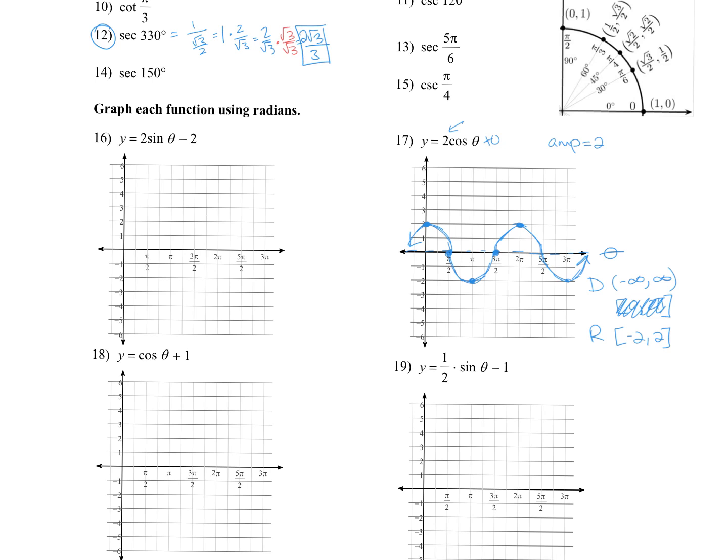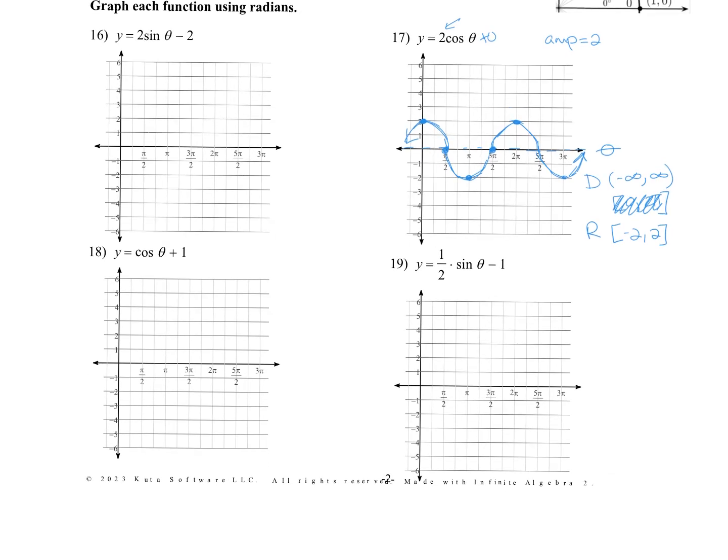So let's take a look at 19. On 19, this is a sine graph. This sine graph has an amplitude of 1/2 and a vertical shift of -1. So I'm going to go down to -1 and I'm going to draw my new midline. And I know sine starts at its midline.